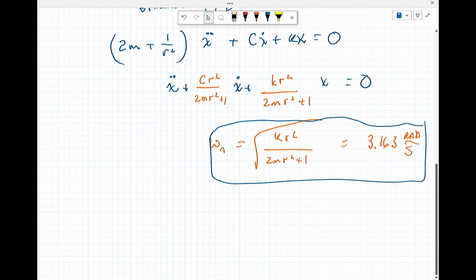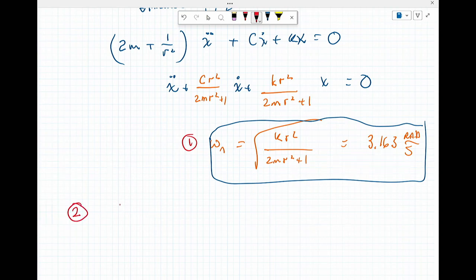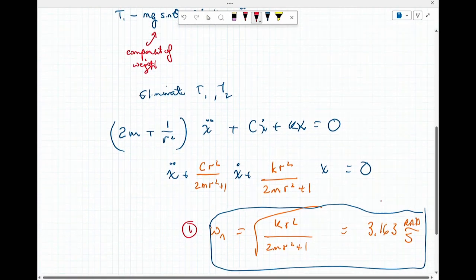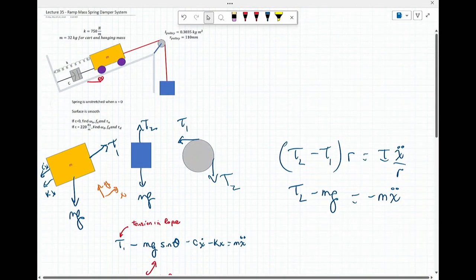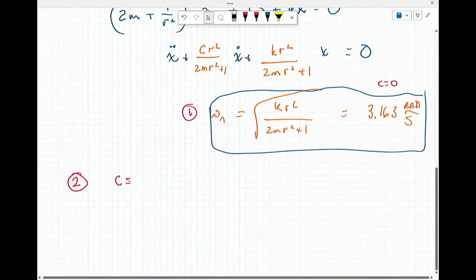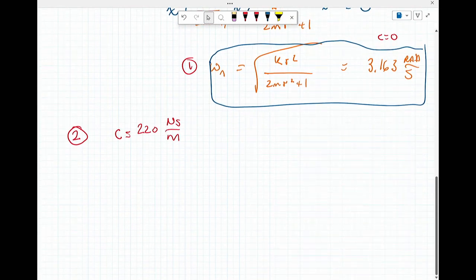Okay, no problem. For the frequency, it doesn't matter. C equals 220 Newton seconds per meter.